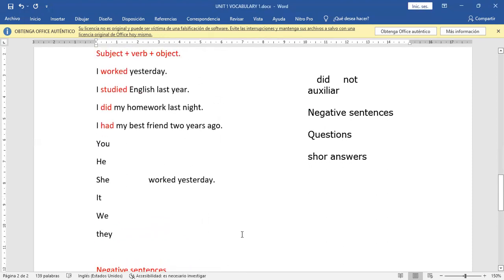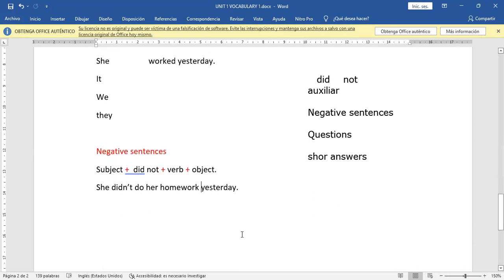How do you say "él no tenía a su mejor amigo hace 2 años" in English?